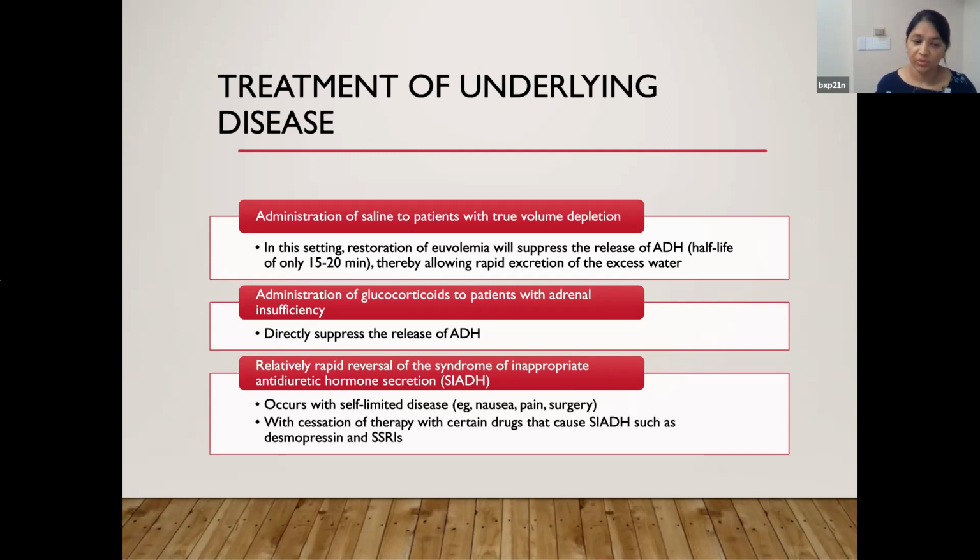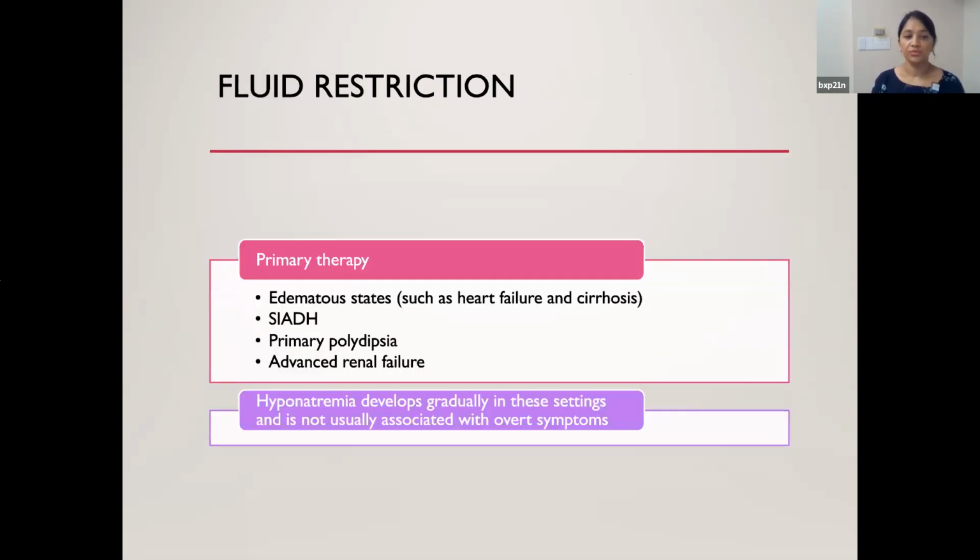And some of the medications, the SSRI, you stop it, that can also correct that underlying cause of SIADH. Fluid restriction is especially primary therapy for somebody who is edematous, heart failure and cirrhosis, or SIADH, and somebody with polydipsia or advanced renal failure.